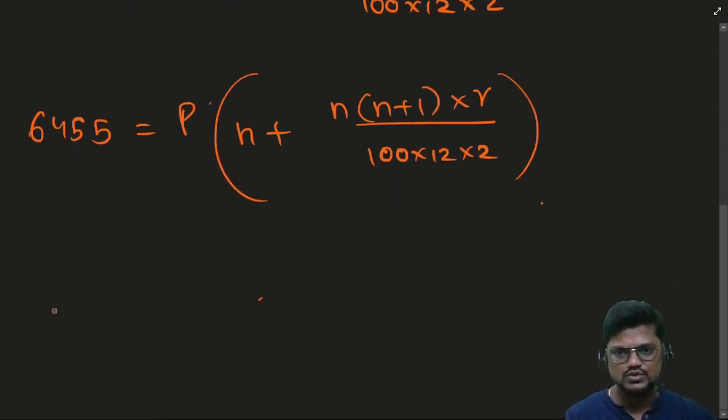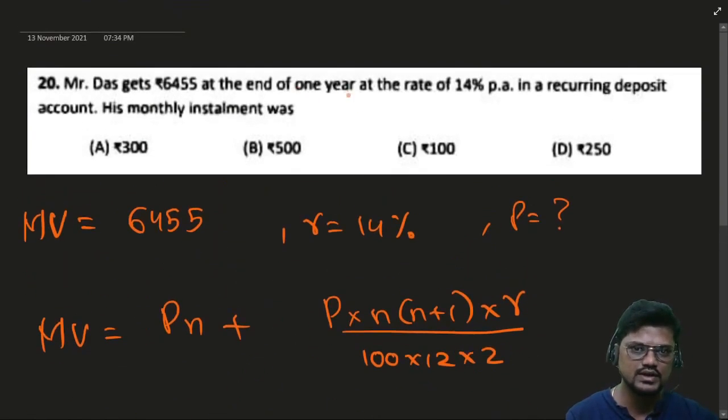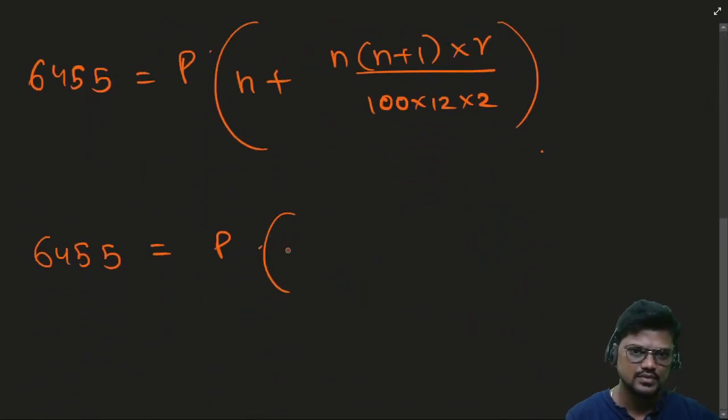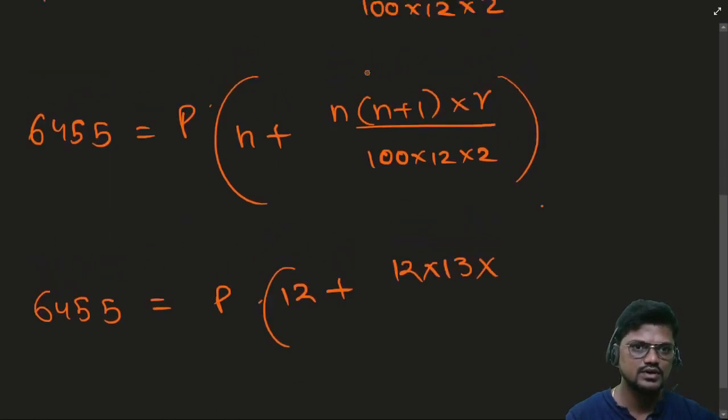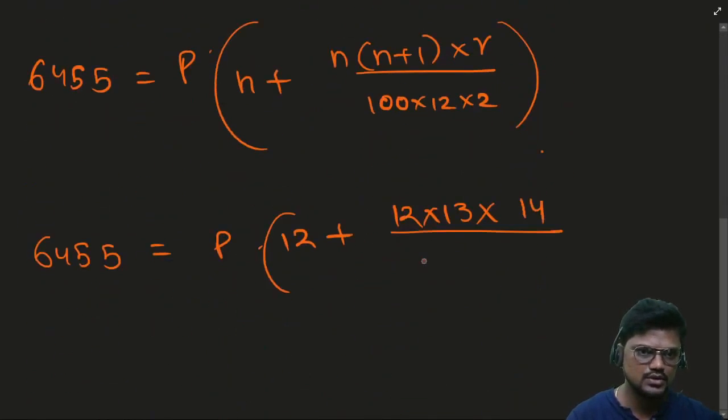So 6455 equals P into, the value of N is how much? How many years? At the end of 1 year, that means the value of N is 12. So 12 plus 12 into 13, the value of rate of interest was 14 upon 100 into 12 into 2.